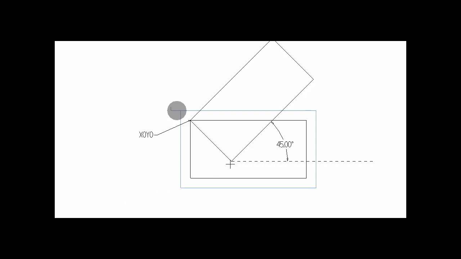Alright, so in this example we have written the code to mill the outside of this shape with a 1/2 inch end mill. But now let's say that we want to mill this shape at a 45-degree angle so that it would look like this.